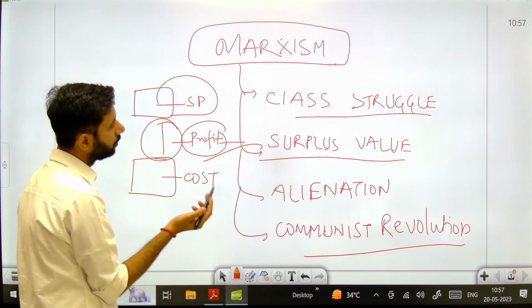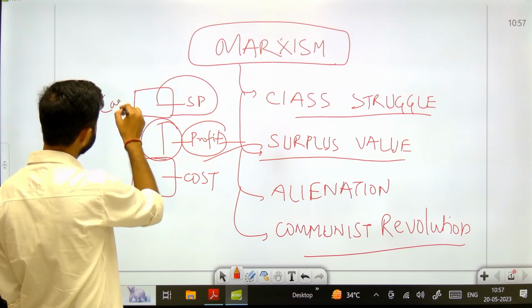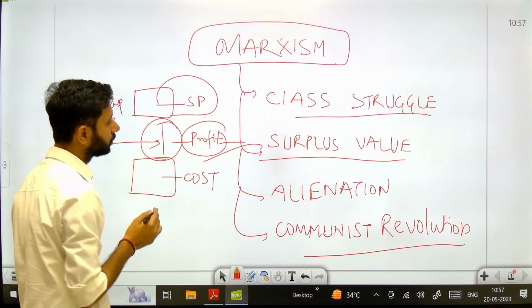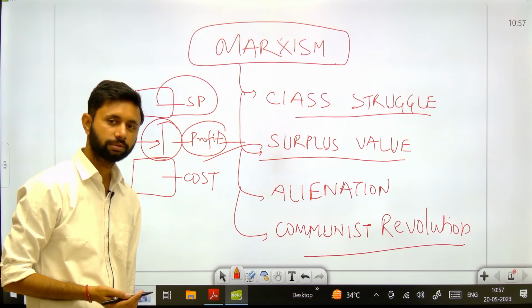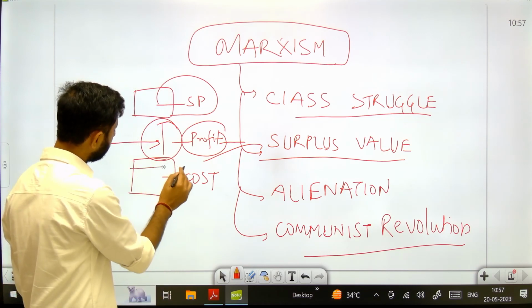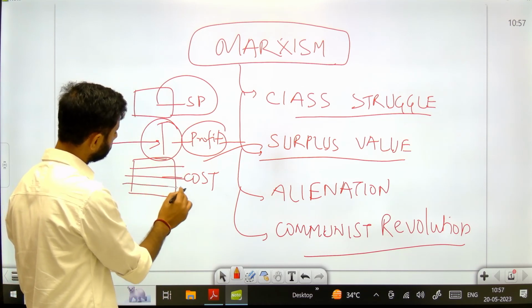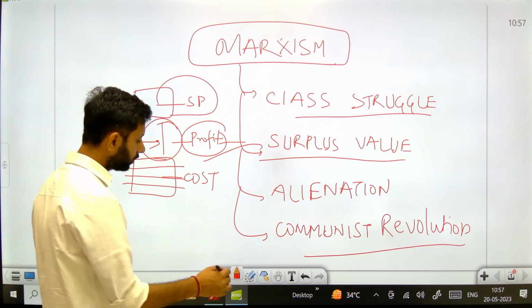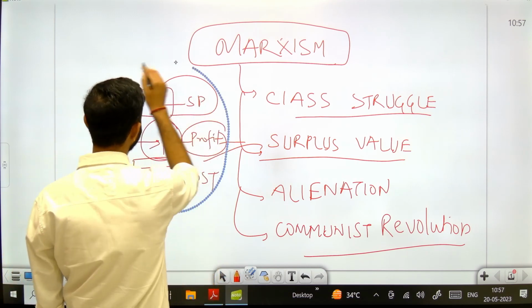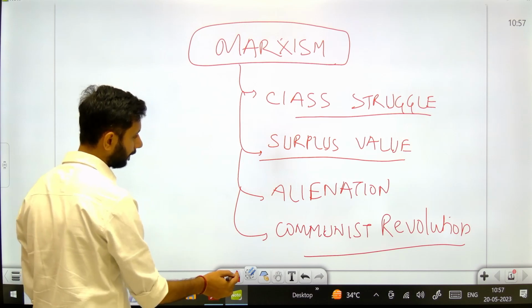The main motive of the capitalist class is to extract as much surplus value as possible, and for this they will try to reduce the wages of the workers. That's why the interests are contradictory.